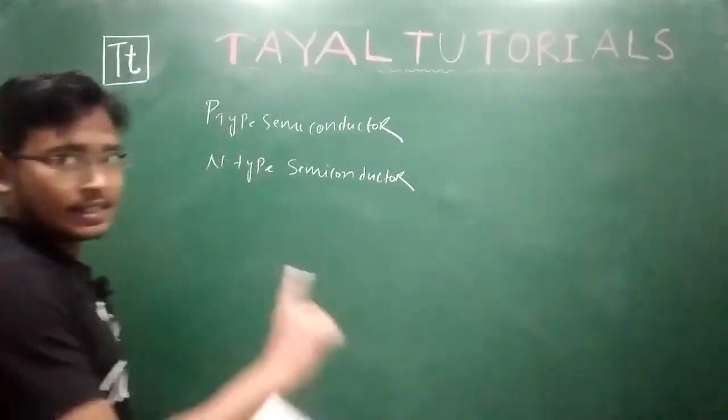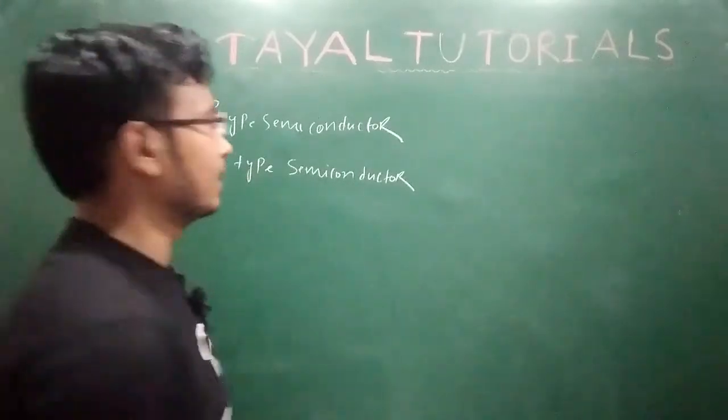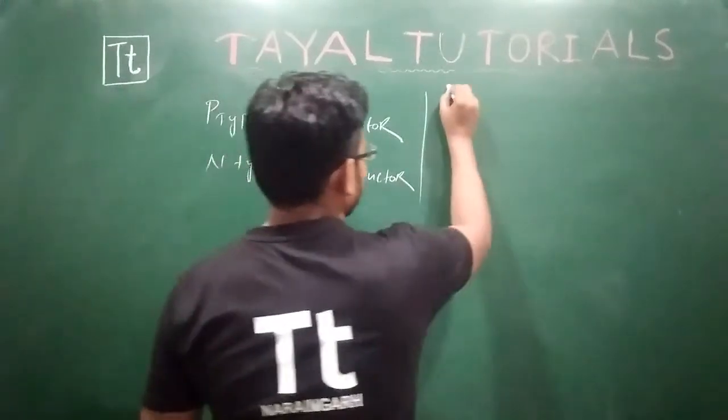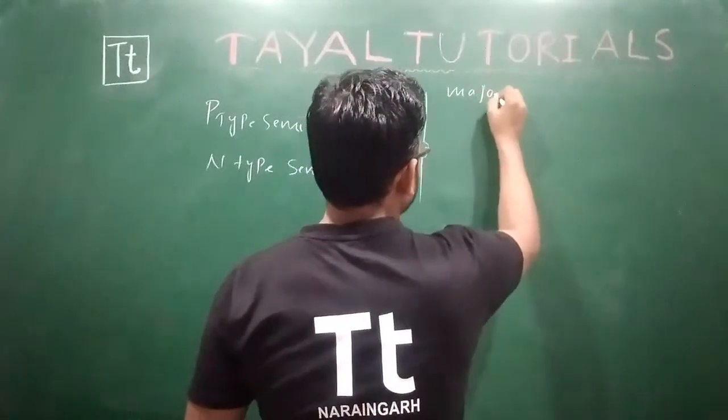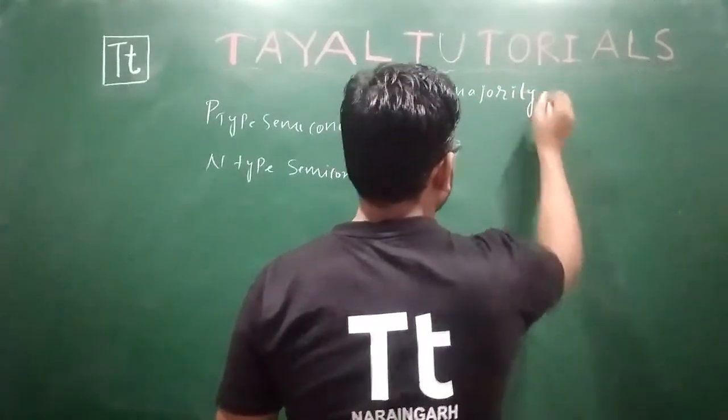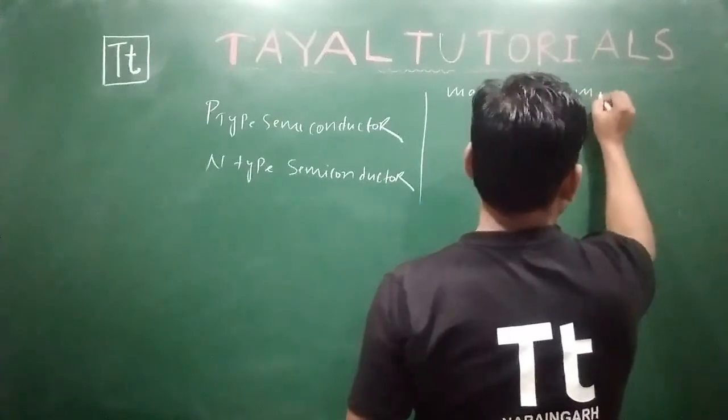There are two types of extrinsic semiconductor, and this is majority, next minority.